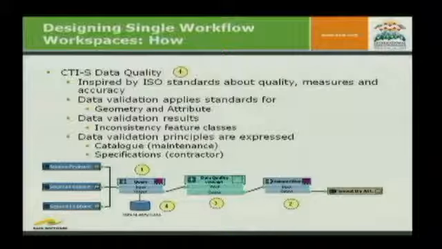And the data validation principles are expressed in the catalog. The catalog is a dictionary of information about the features. So it holds descriptions or properties of the features and also the validation rules or quality rules for the features.